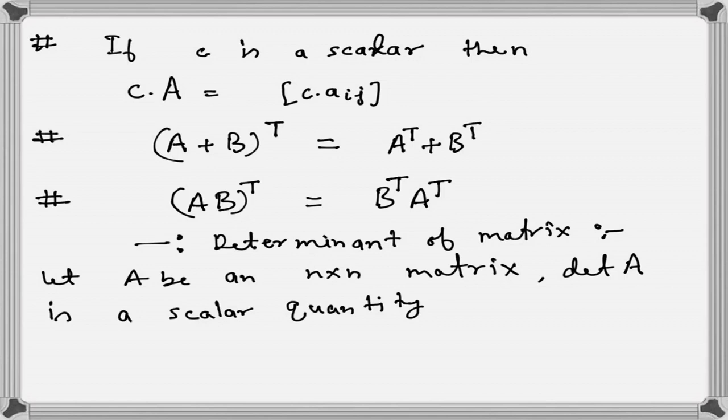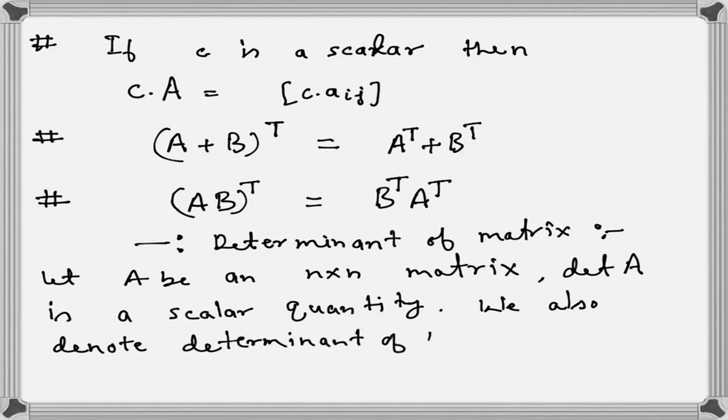We also denote the determinant of A by |A|. You just put two parallel lines and put matrix A inside that.